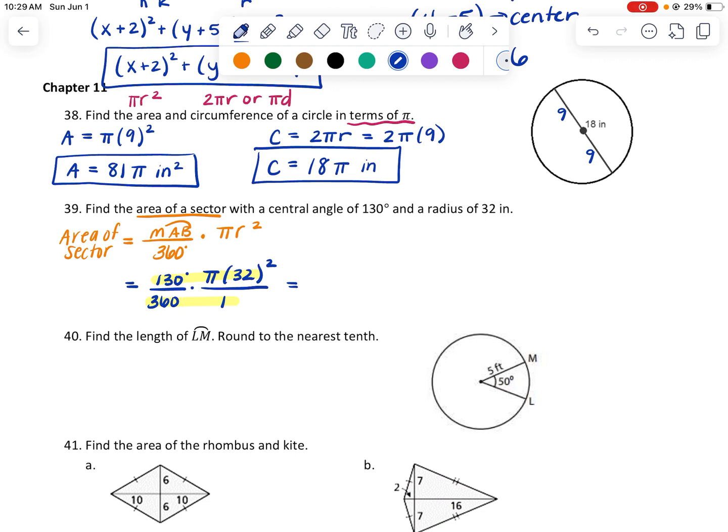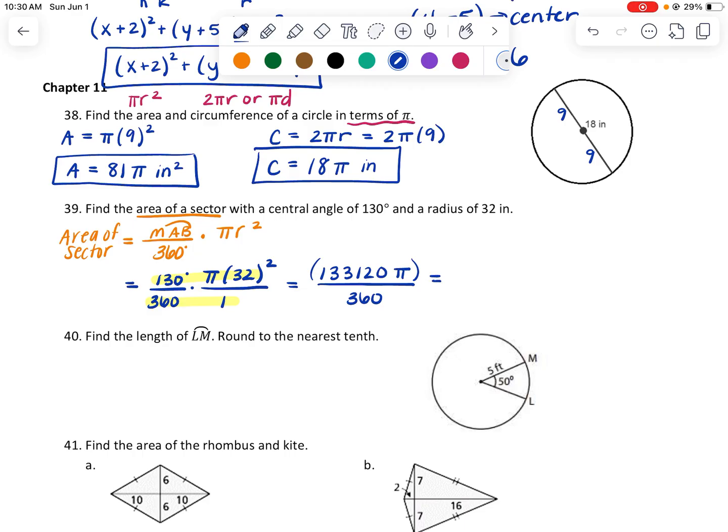And so I go ahead and do 32 squared times 130. And we get a pretty big number. We get 133,120 pi all over 360. And so we can go ahead and plug this in our calculator.